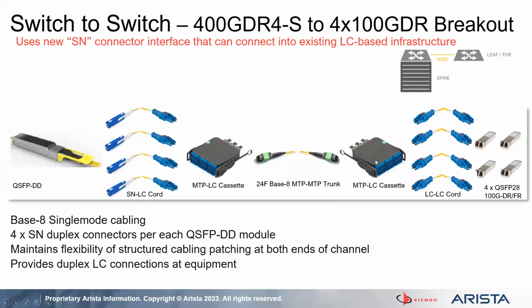You've got the cassette on the other end, and then I still have my standard LC cords plugging into my 4 QSFP28 ports. So it does maintain that flexibility of having a structured cabling system and patching on both ends, and still leverages the capability of the breakouts with the DD module.